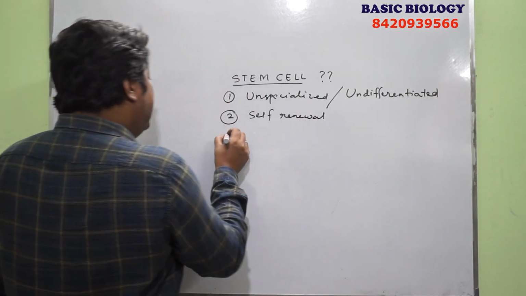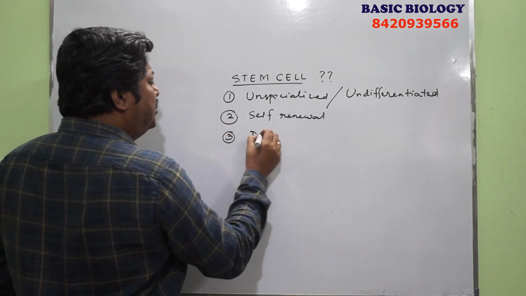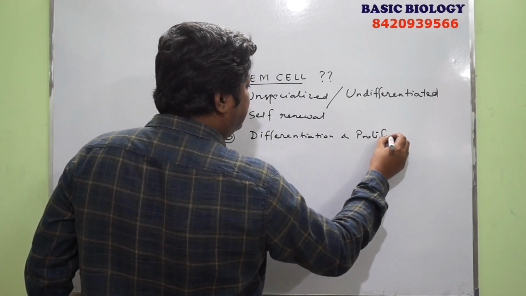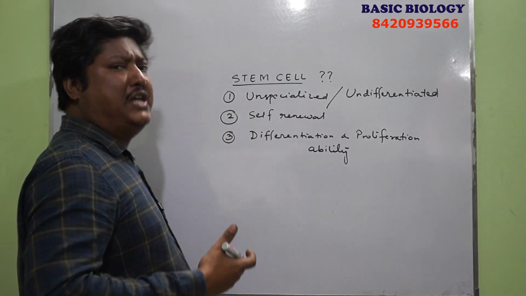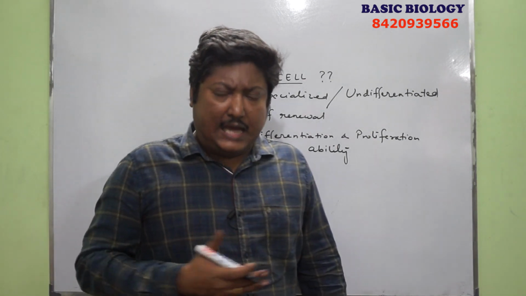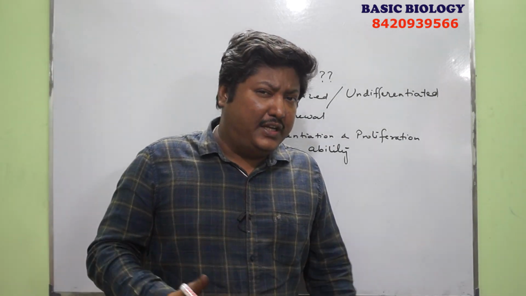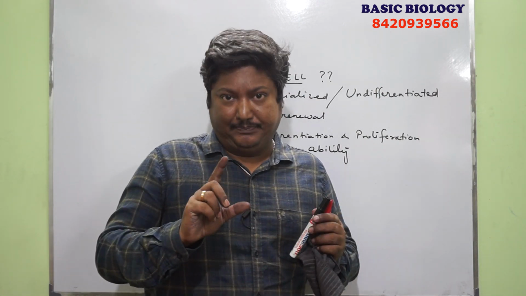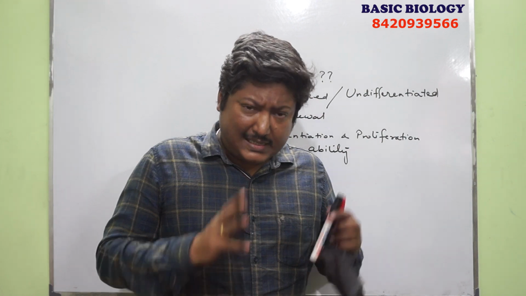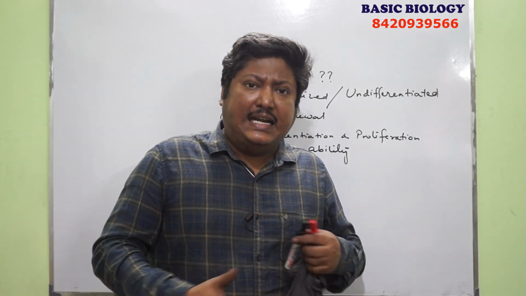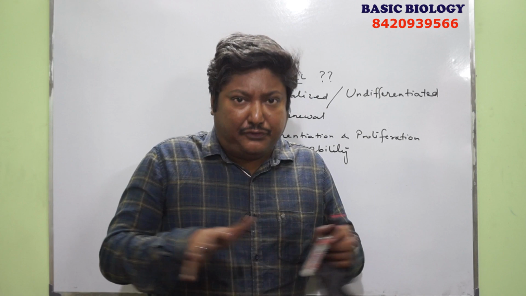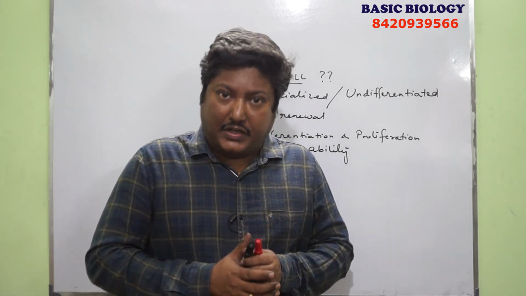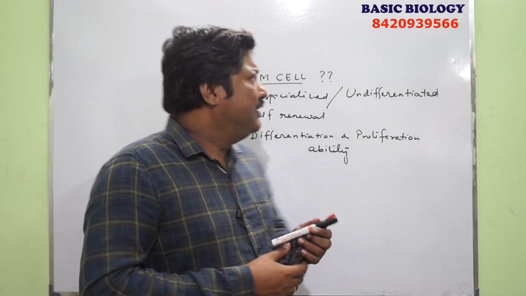And the third one is the differentiation and proliferation ability. Stem cell can differentiate into different types of cells, and not only that, it can proliferate to a numerous number of cells. Say for example the zygote, it's a stem cell, it's a mother cell of all cells, but it randomly proliferates to differentiate into different types of cells and develop a complete organism. So it's just like that.